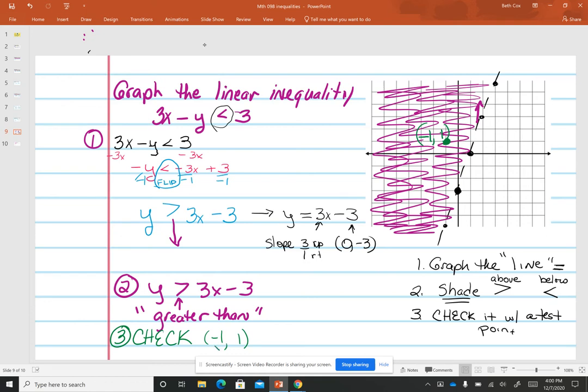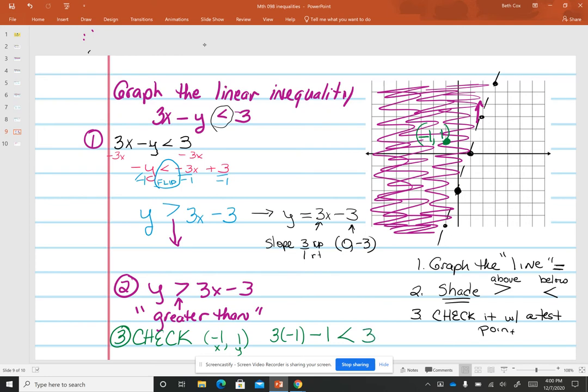So this is my X and this is my Y. I'm going to plug that into my original problem and see if I get a true, which means I did it right, or a false, which means I didn't do something right. So 3 times -1 minus 1, is that really less than 3?